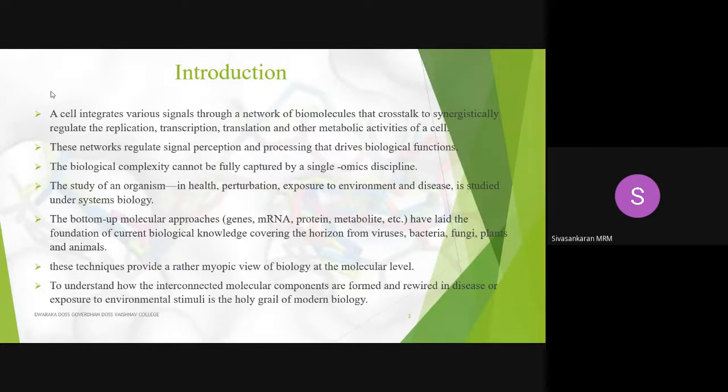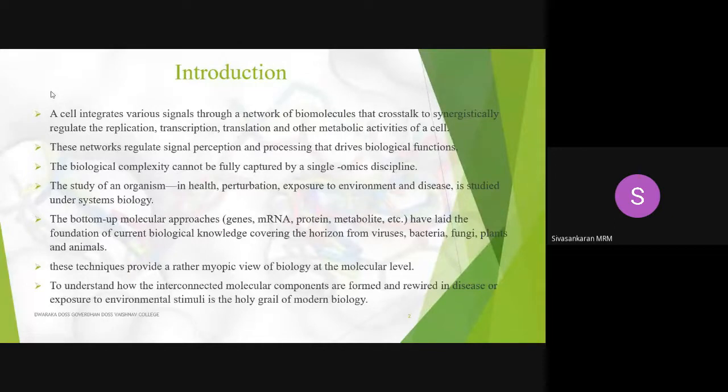We can take any number of databases of proteins involved even in fungi, plants, bacteria, and animals as well. These techniques provide a rather myopic view of biology at the molecular level. To understand how the interconnected molecules and components are formed and rewired in diseases, or on exposure to environmental stimuli, is the holy grail of modern biology.